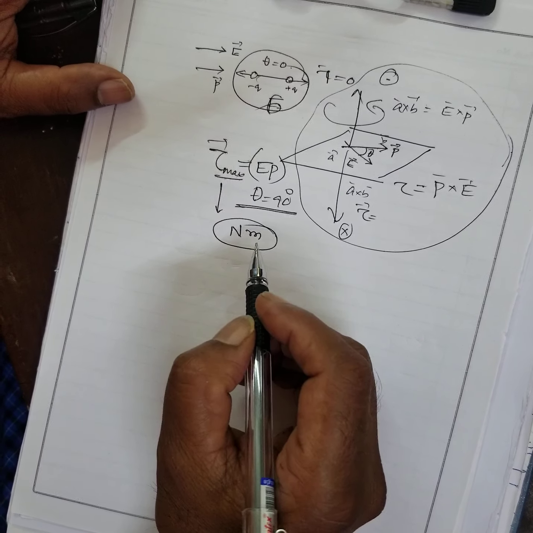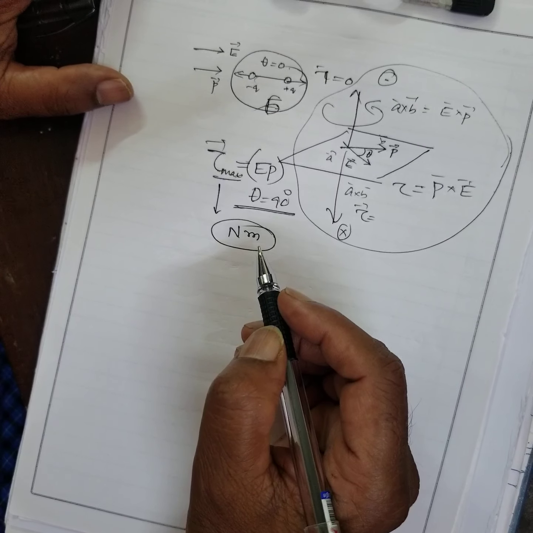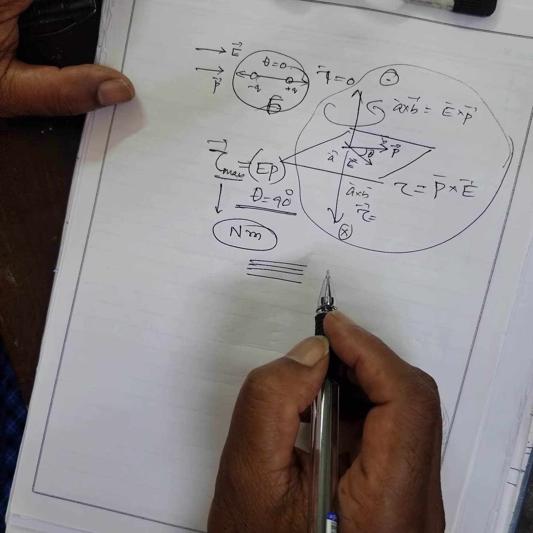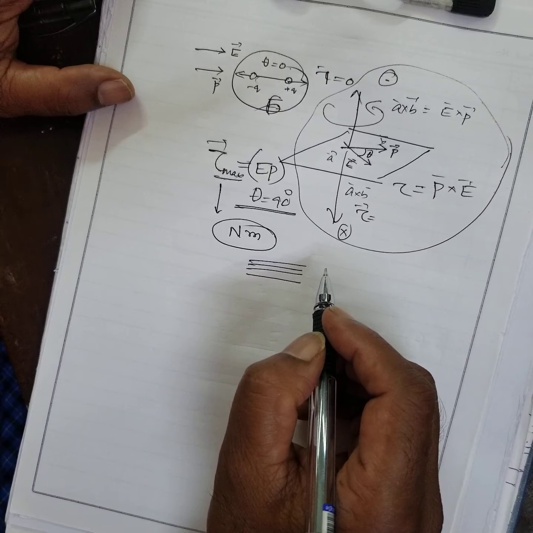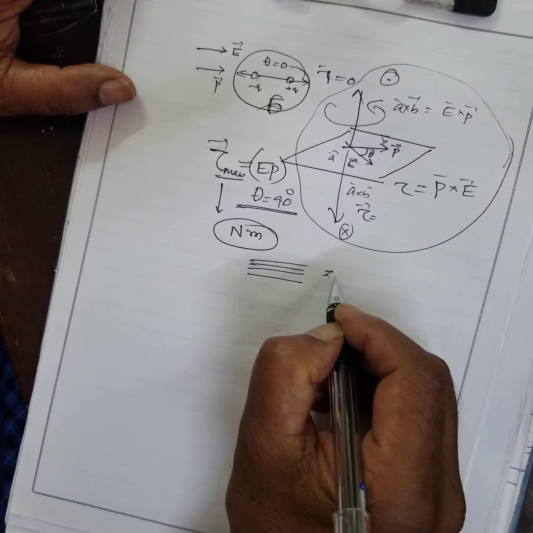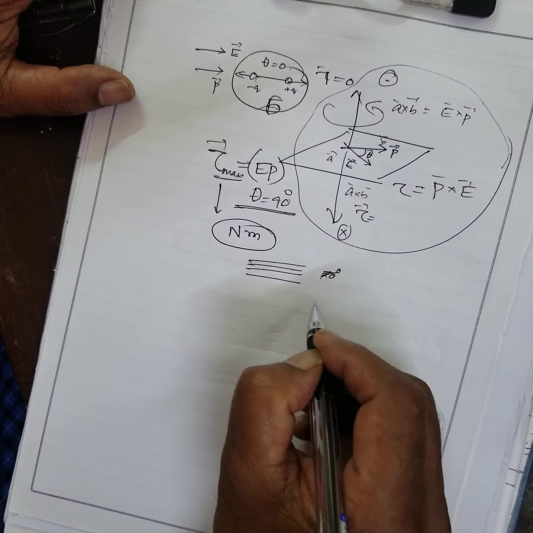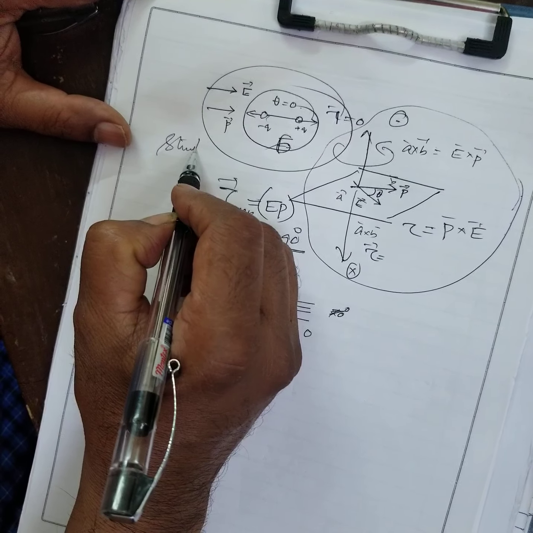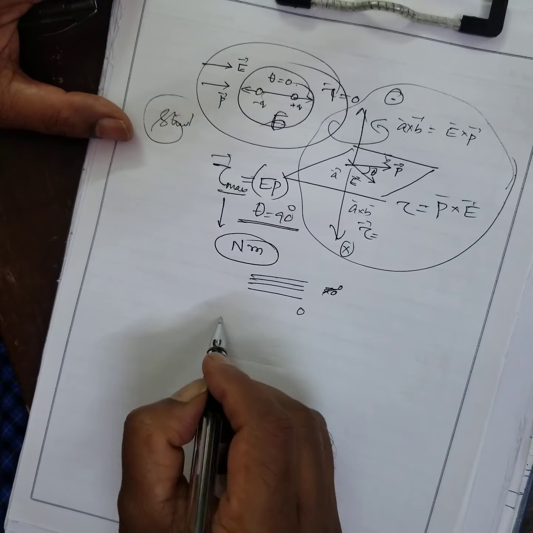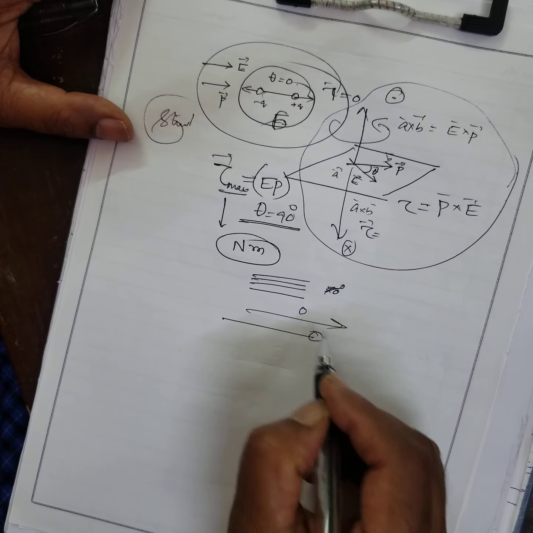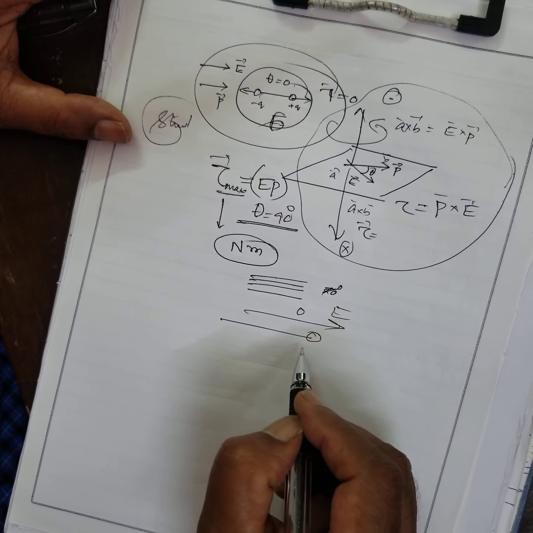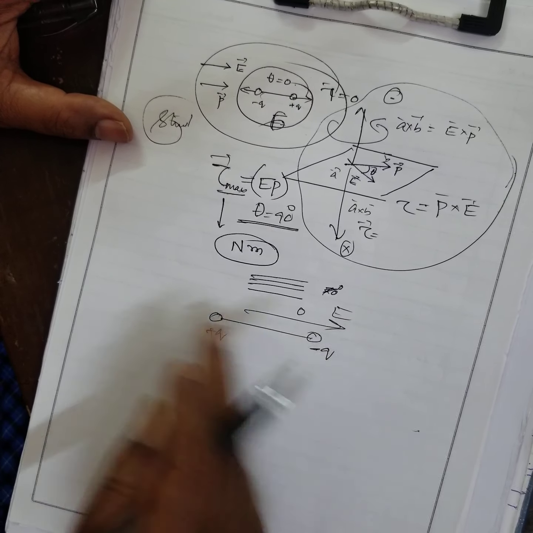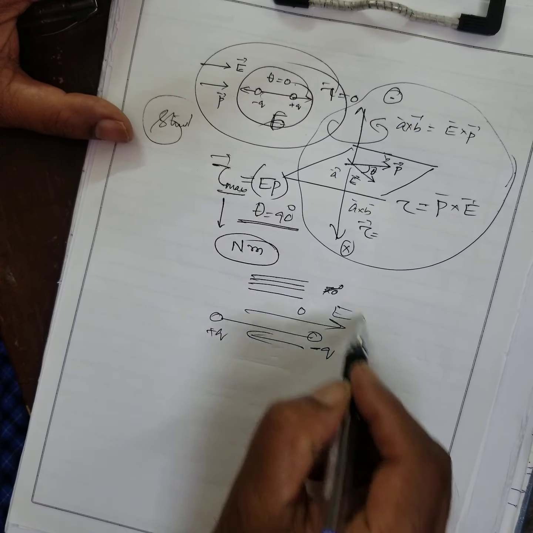In a uniform electric field, which orientation of the dipole will be stable or unstable? At the zero position, that means this is a stable orientation. And if the direction of the field is in this direction and minus Q is in this direction, with plus Q in the opposite direction, then it is unstable.